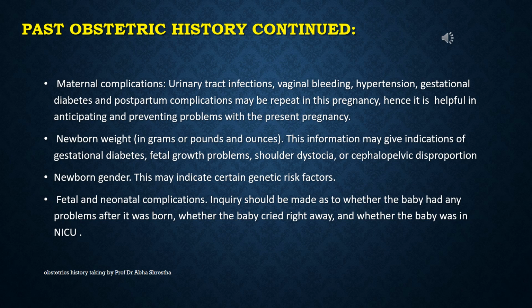Did it cry immediately after the birth? And whether the baby was in ICU, NICU. Was the baby discharged along with the mother? So this gives us a fair idea as to whether the baby had any problems or not. And we should also ask, how is the baby doing at present? So these are the things we should know in past obstetric history.